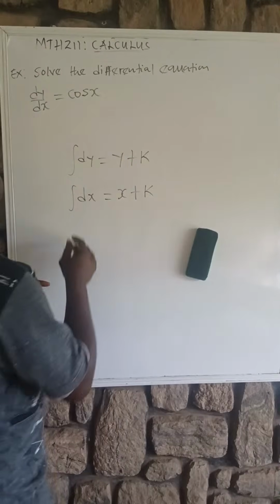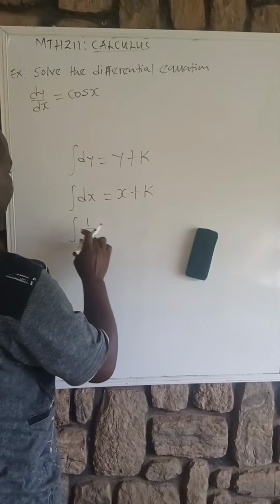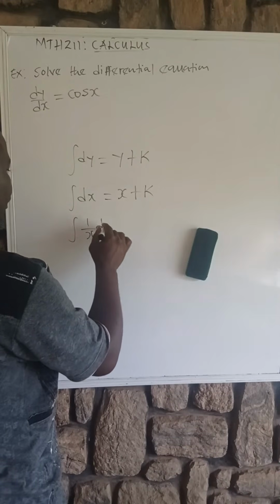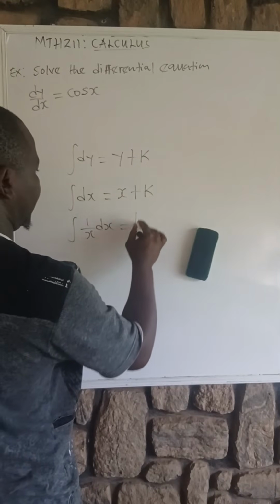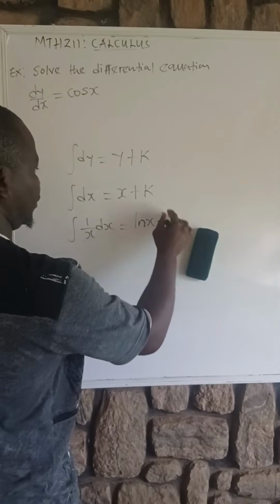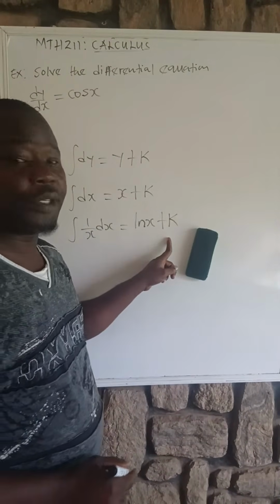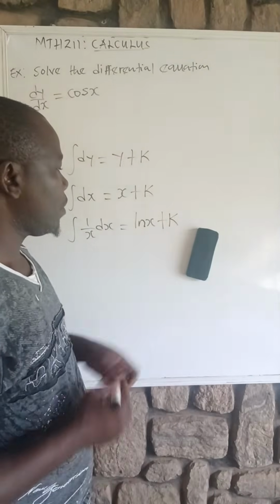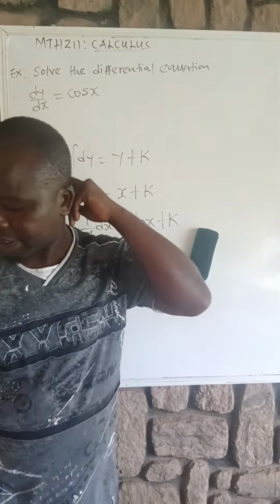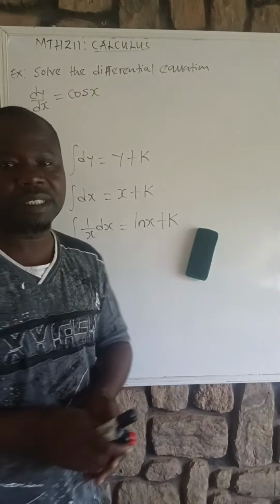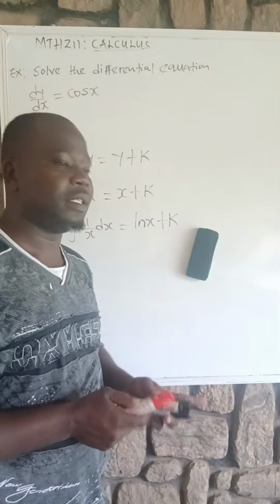Then I said if we integrate 1 over x dx, this will give us ln x plus any constant. I mentioned the other day that the constant is not necessarily only k, it can be any alphabet, but let it be a capital letter. Is that clear?